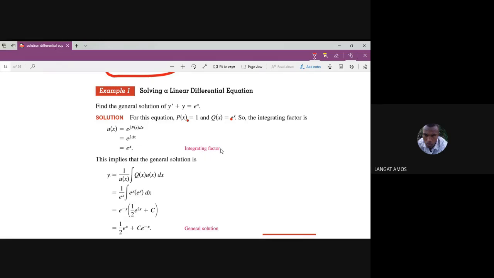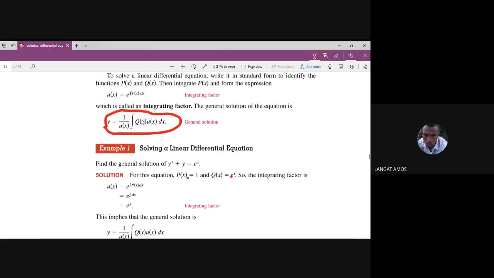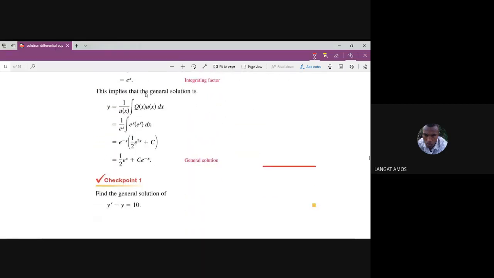This is the integrating factor. Then we saw that the general solution is y equals 1 over ux, the integration of qx ux dx. So let's see this after getting the integrating factor to be e raised x.